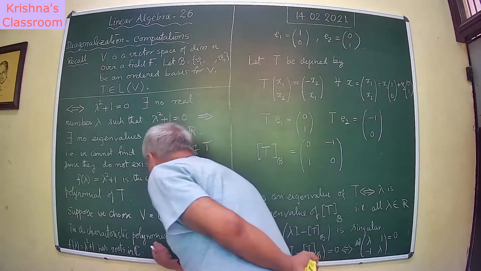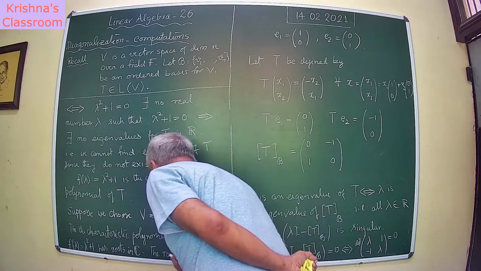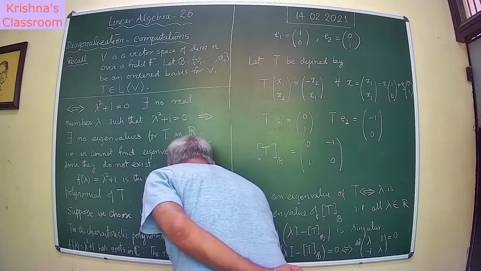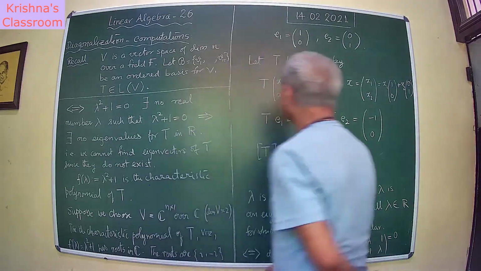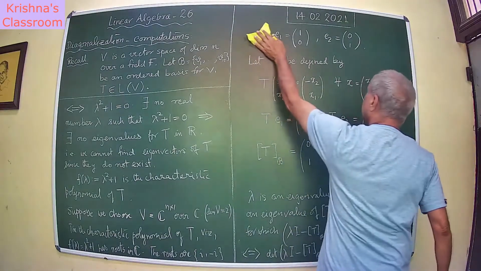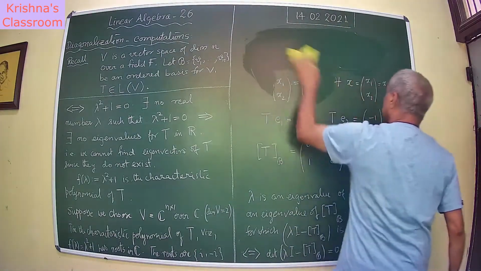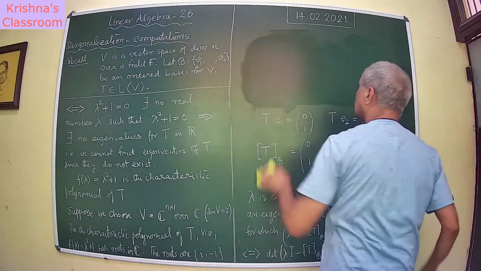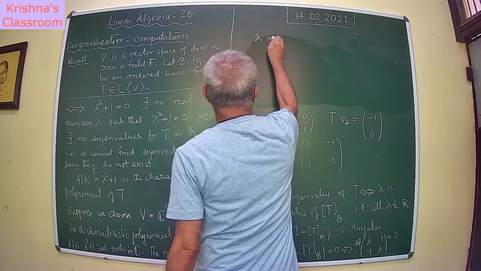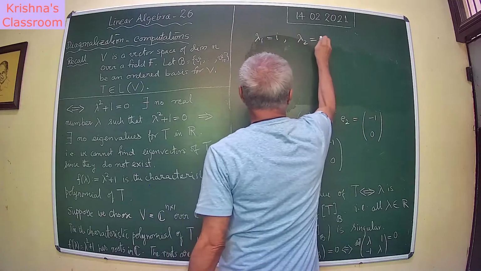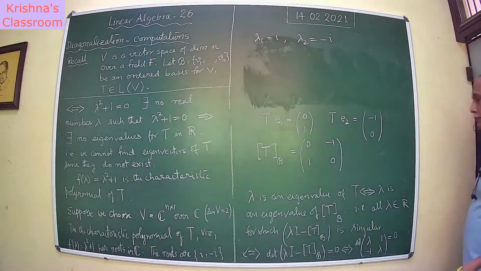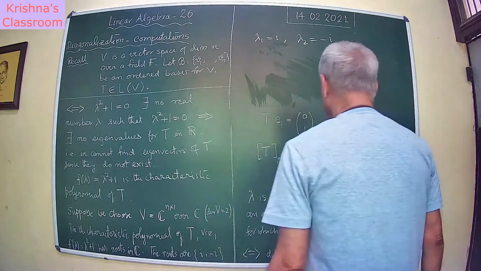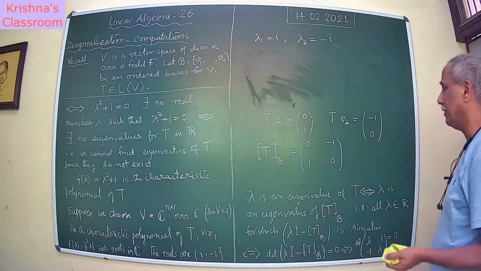The roots are i and minus i. These are the two roots. So we will take lambda 1 equal to i, lambda 2 equal to minus i. Then what do you have? i is an eigenvalue of T.